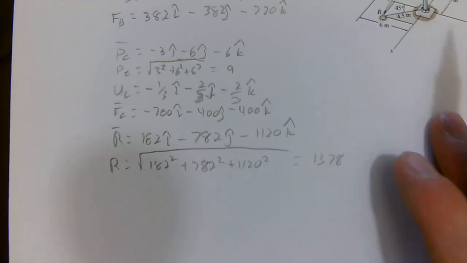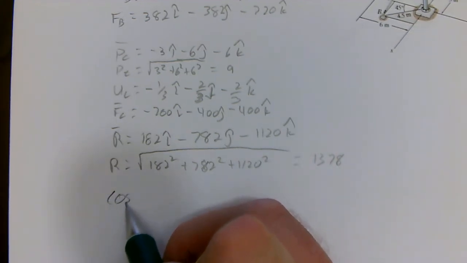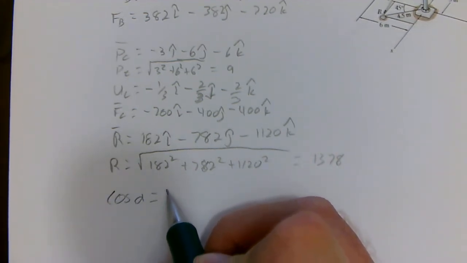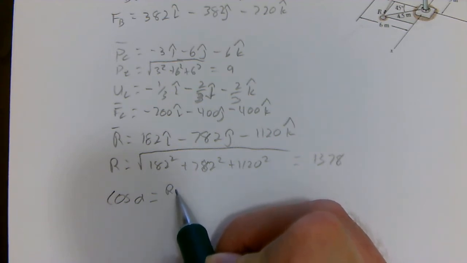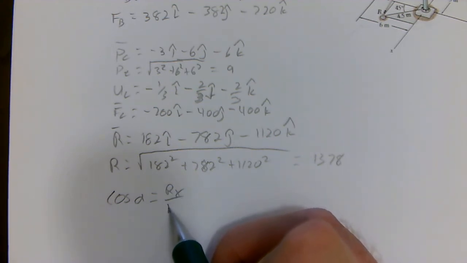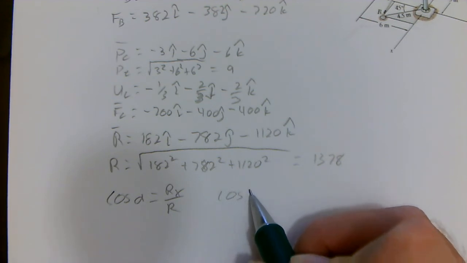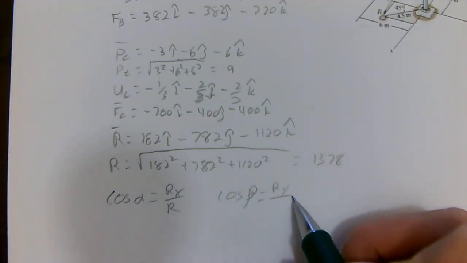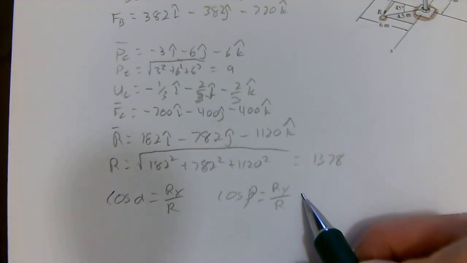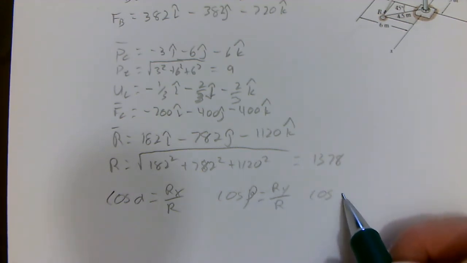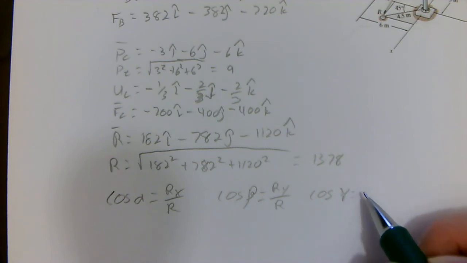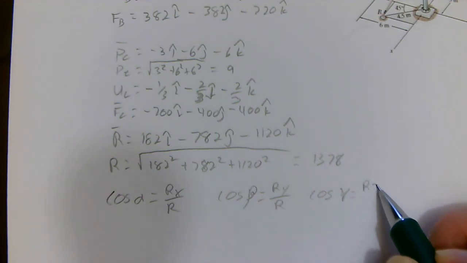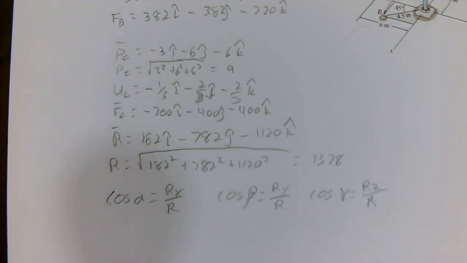So the coordinate direction angles are going to be: the cosine of alpha equals the resultant x over the resultant, and the cosine of beta is equal to the resultant y over the resultant, and the cosine of gamma equals the resultant z over the resultant.